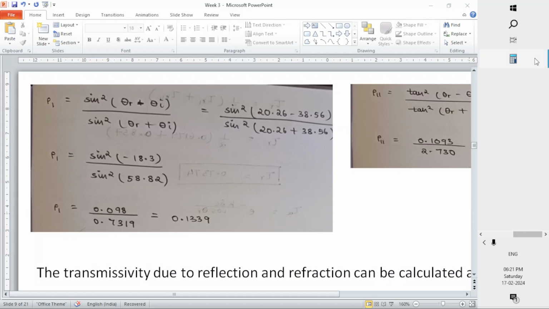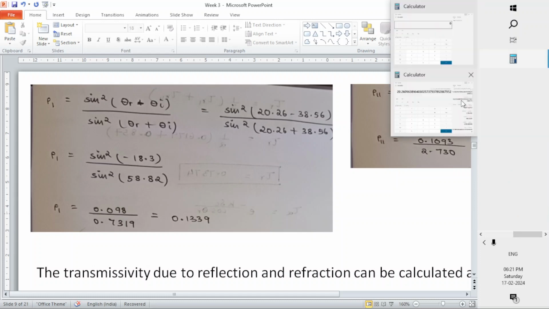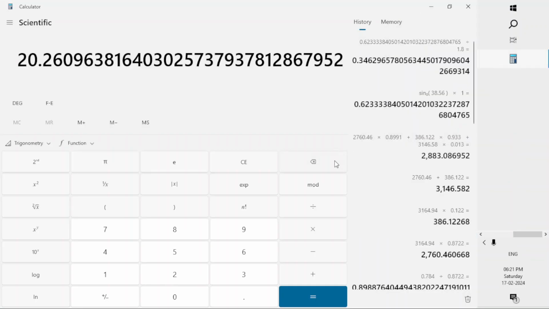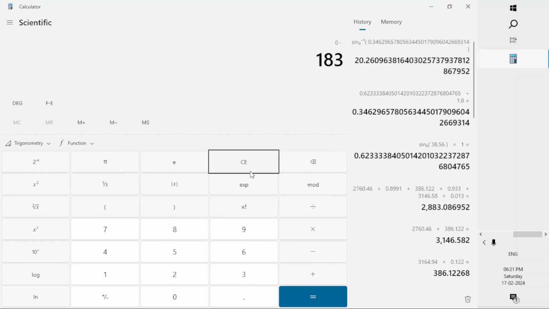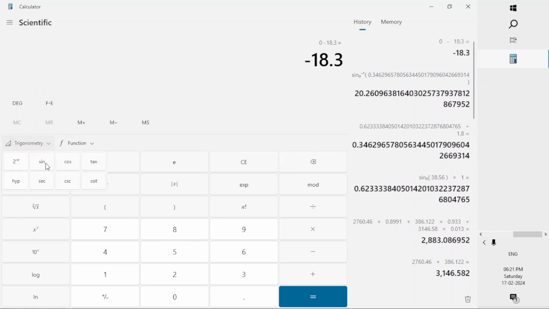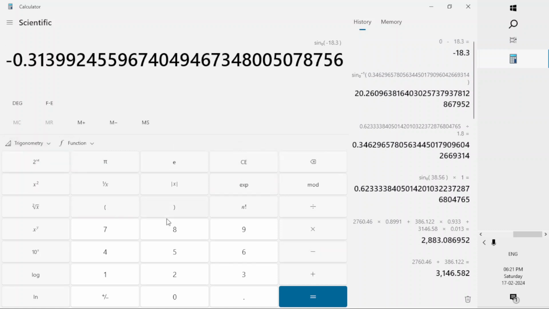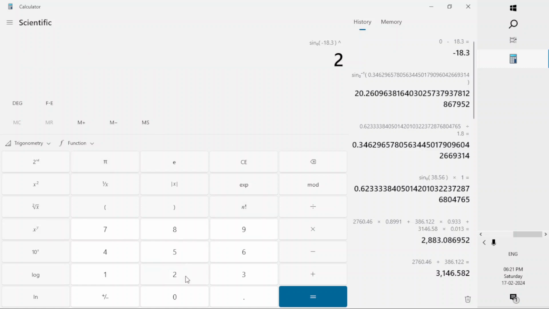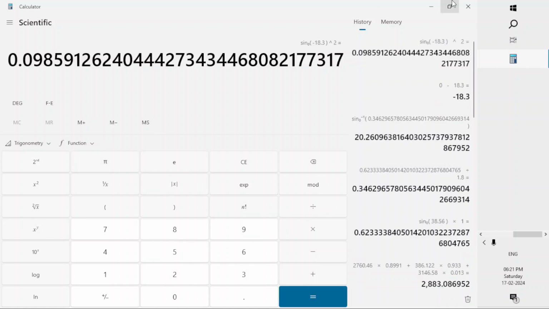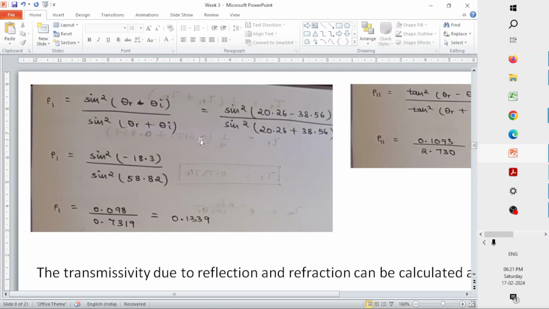I'll just show the minus 18.3 and sine of that to the power 2, 0.098, and sine square of 58.82.